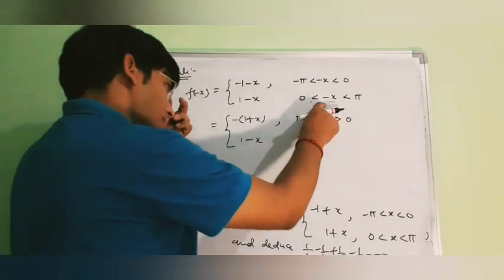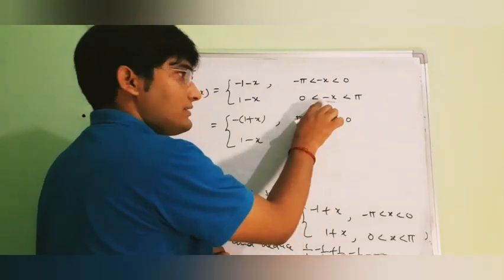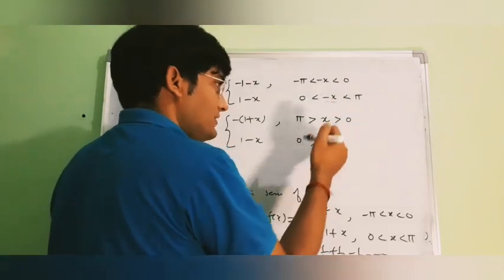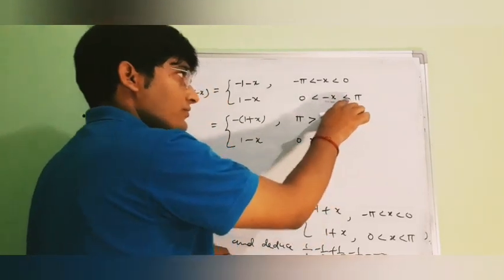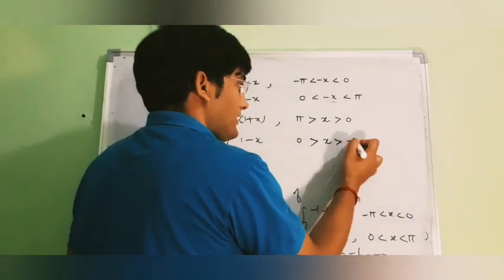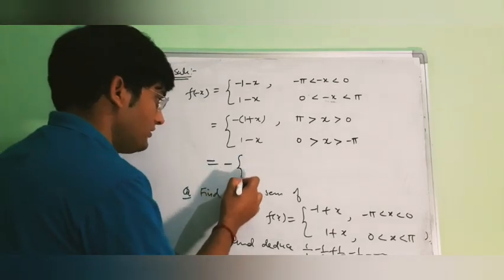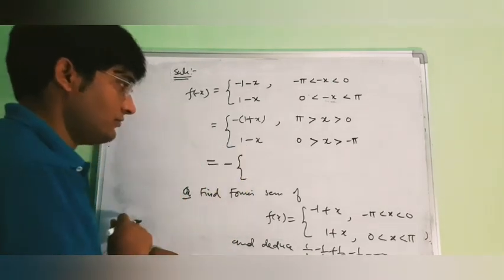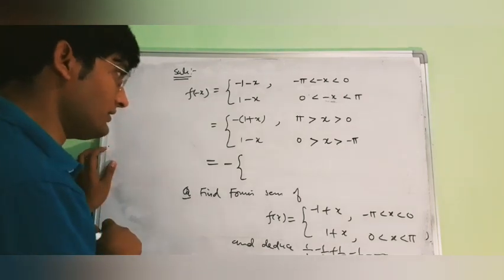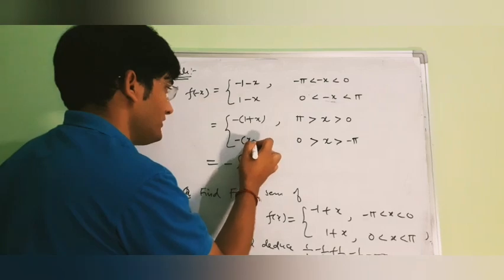Again, if we take the minus sign common from here, we will have 0, and this less than symbol will become greater than, and again the less than symbol will become greater than, and we will have minus pi. So if you take the minus sign common, we can see that from here we want to take the minus sign common.